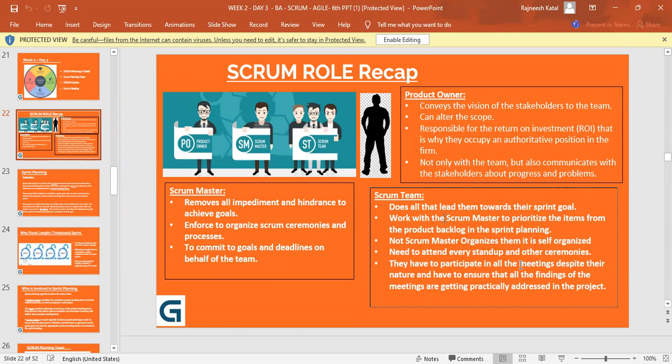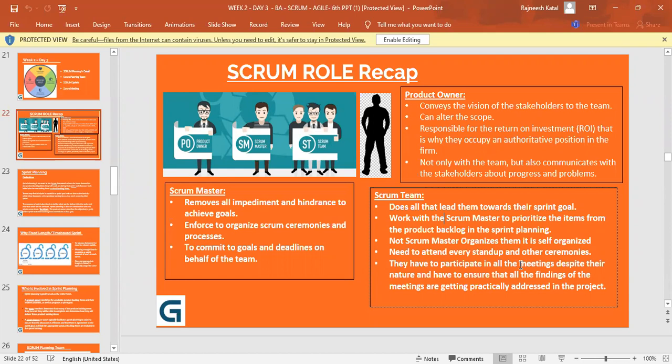Now see the stark difference. The product owner is not expected, or it's not mandatory for him to attend each and every meeting. Do you see anything mentioned about that in the product owner? No. So definitely he is there in the kickoff meeting or in the beginning of the meetings, but then he is not the one who has any compulsion of attending the meetings.